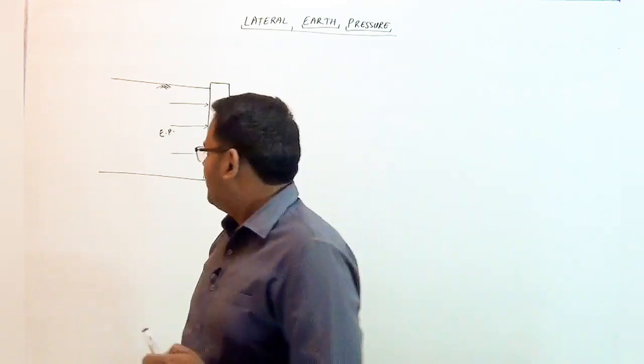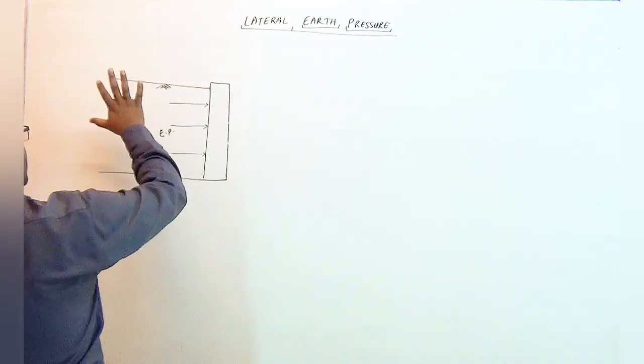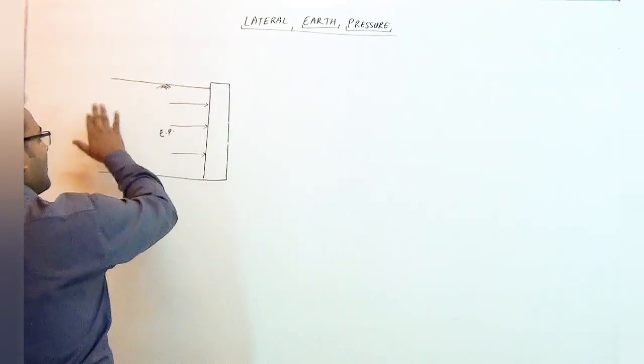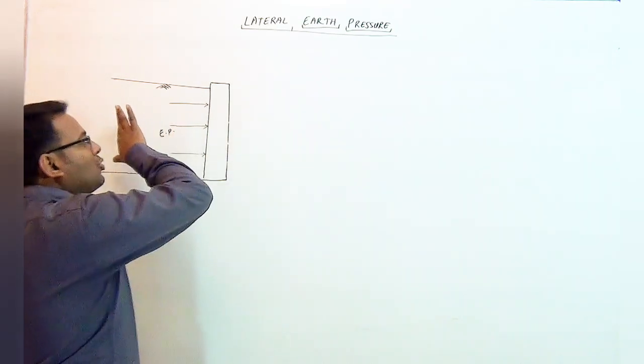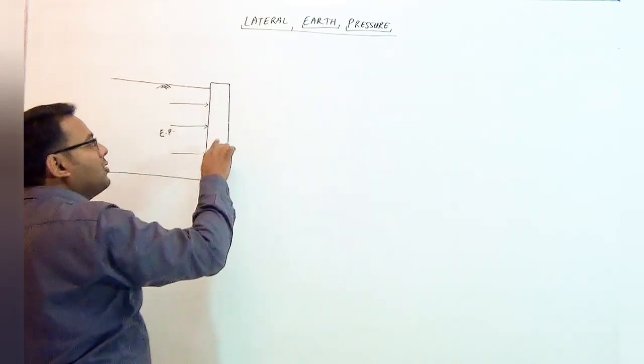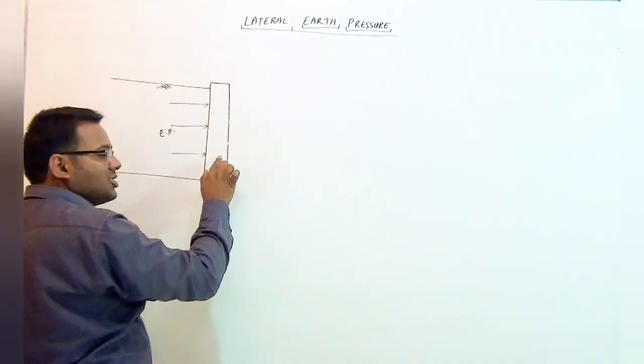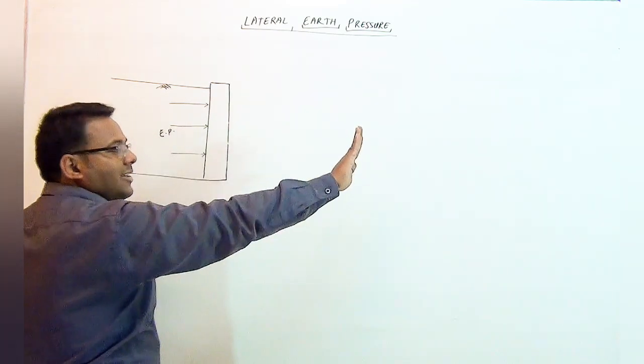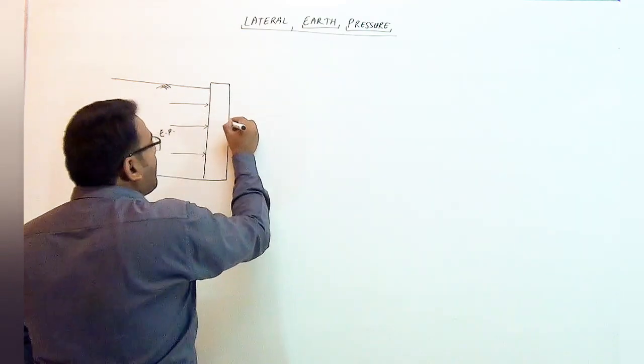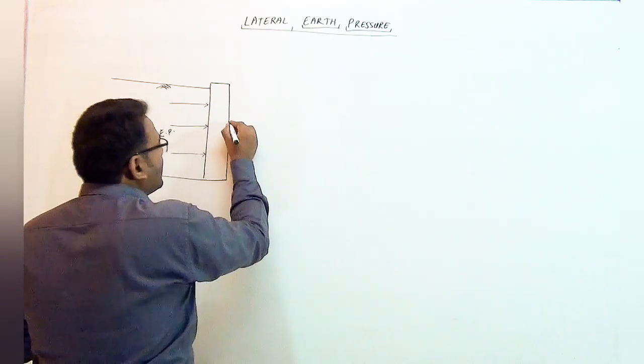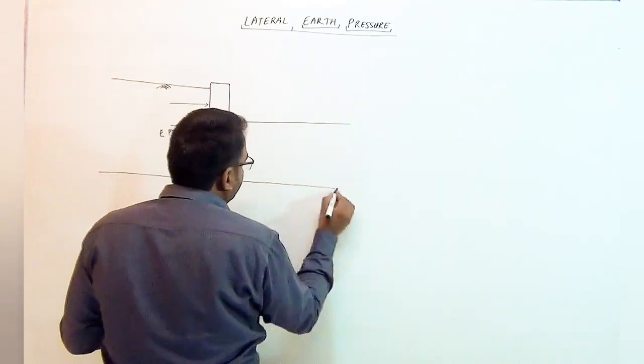So the answer is that if there is soil on the left hand side, then it will try to exert force on this retaining wall or retaining structure toward the right hand side. But what will happen if there is soil present on this side also?